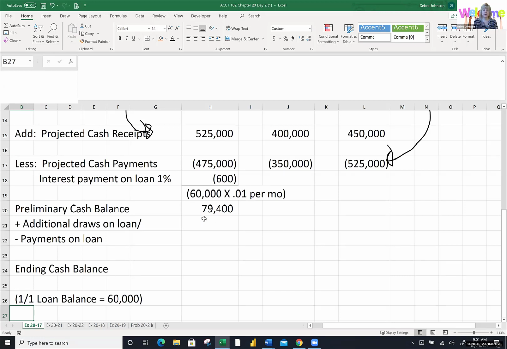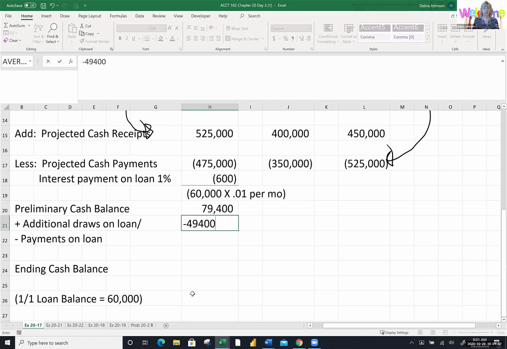So am I above 30,000? The answer is yes. By how much? By 49,400. I'm going to pay that extra money against this $60,000 loan balance, so I'm going to take 49,400 out of my account.